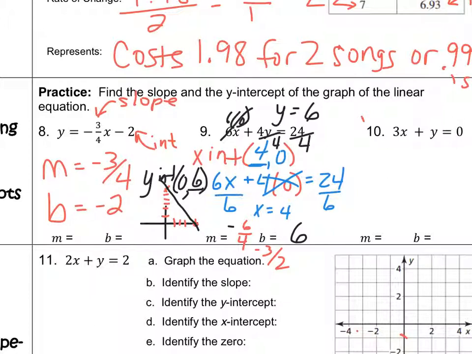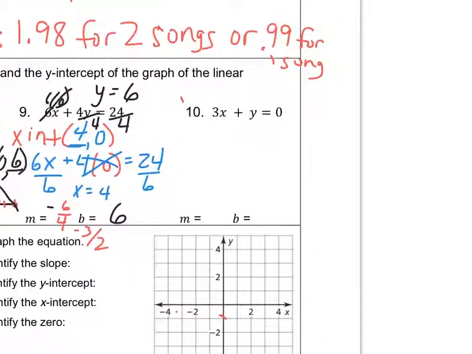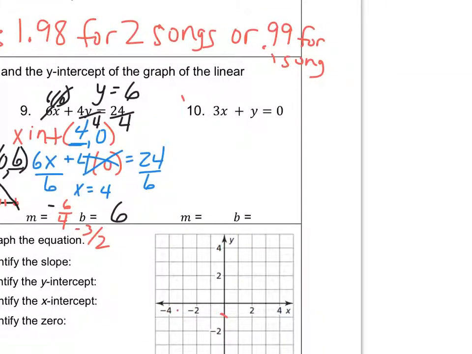Okay, and let's do number 10 also. Okay, on number 10, because y doesn't have a coefficient, it's just a 1 in front of it, it looks like it'll be easier to go ahead and just solve this thing for y. So I'm going to draw my line down the middle. I'm going to circle what I'm solving for, which is y.